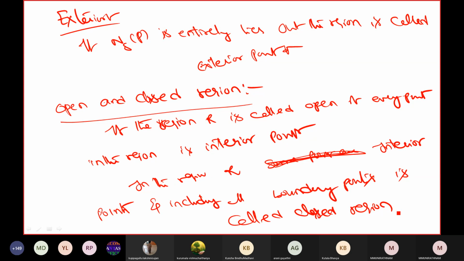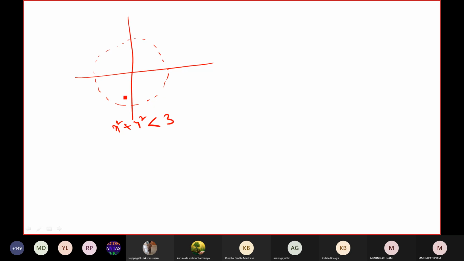Today I would like to give you only one example. Tomorrow I will explain this in detail. For example, x square plus y square is less than 3.